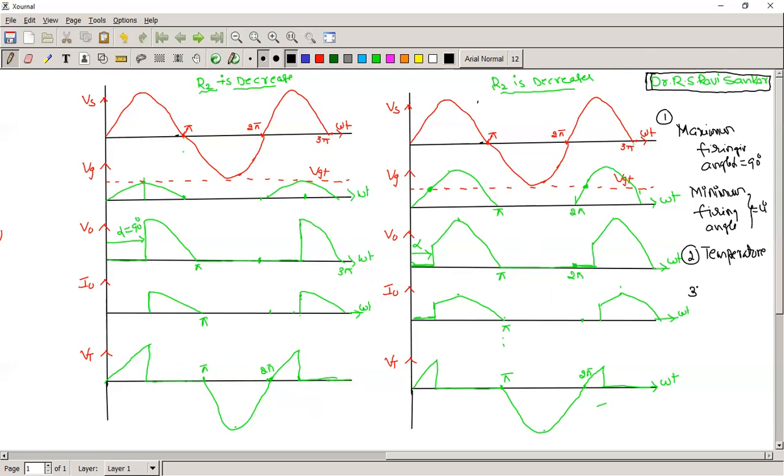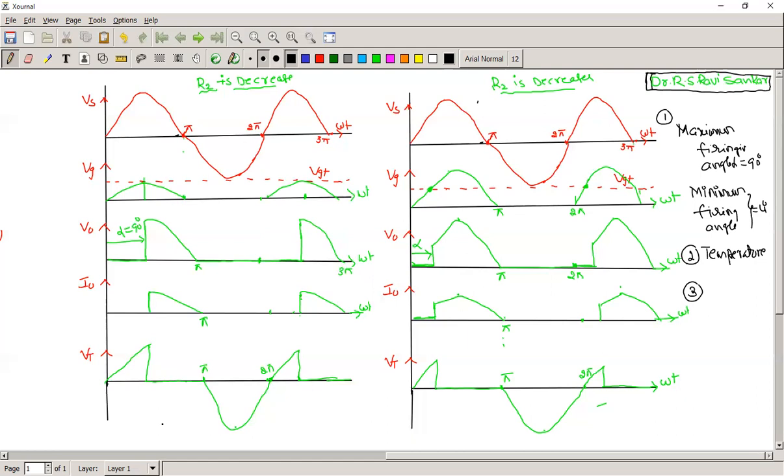One more disadvantage is that here we have taken only one SCR, so the gate trigger voltage is this one. Suppose we take one more SCR of the same current rating and same voltage rating, the gate trigger voltage may be different.